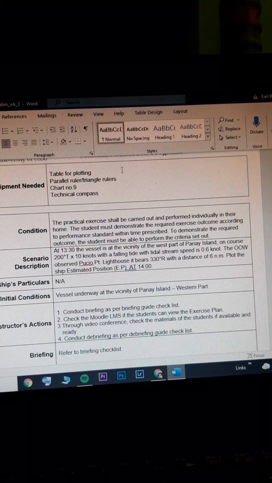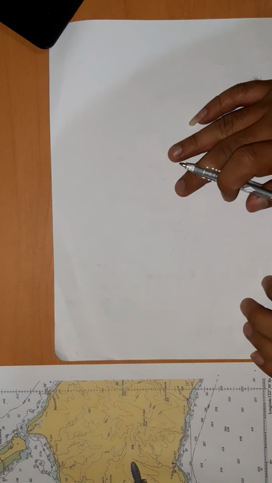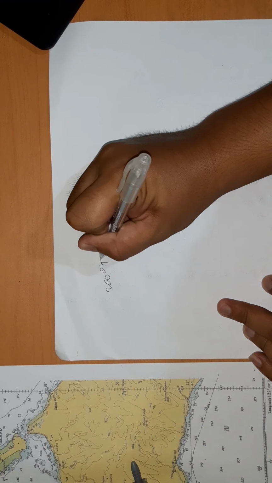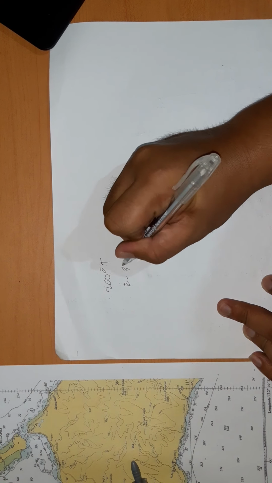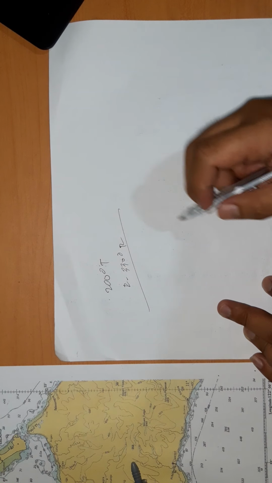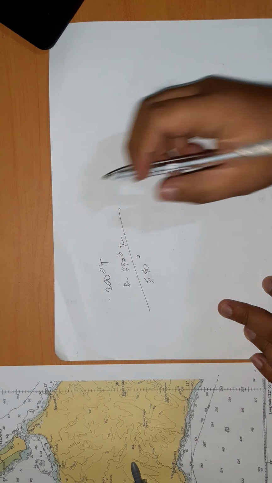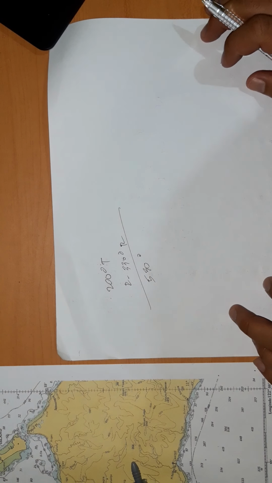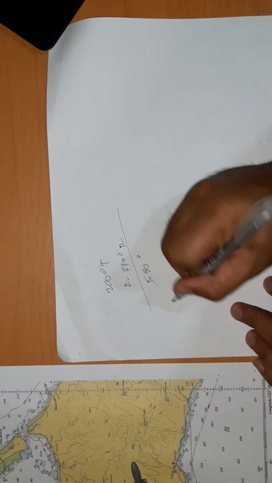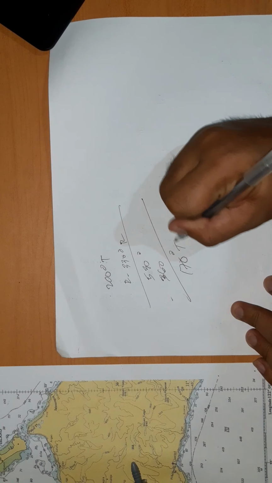So we have a true course of 200 degrees and a relative bearing of 330 degrees. So we're going to add 200 plus 330. So we have 530 degrees. It is not applicable because we have only 360 degrees of bearing. So we are going to subtract 360 degrees. So we got 170 degrees true bearing.